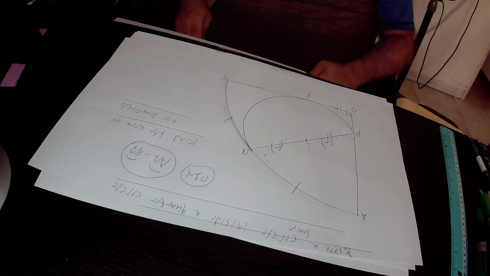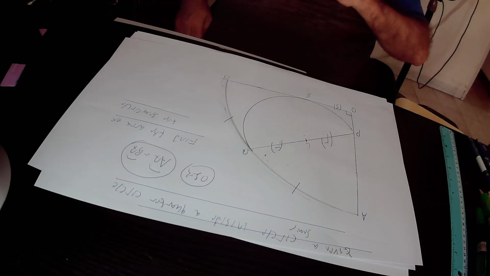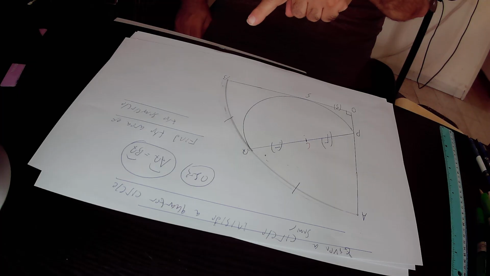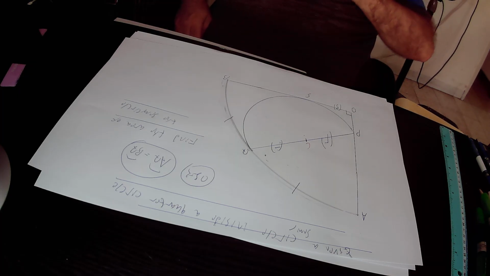In the next step, we join point C and S together by a straight line. Point S is the point of tangency of tangent OB with this semicircle.